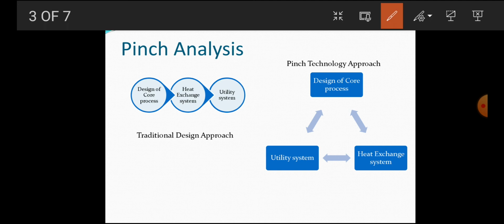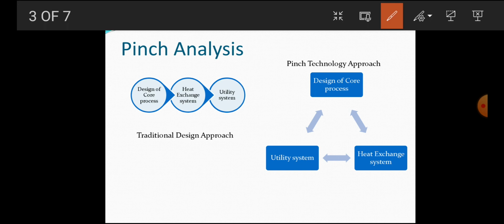So traditionally, there were fixed flow rates and temperatures yielding the heat and mass balance for the process. Means before, it was such that only the fixed flow rates and temperatures yielded the heat and mass balance for the process.